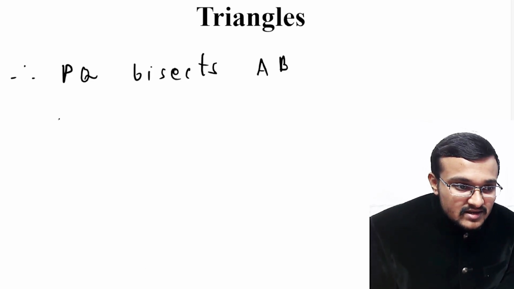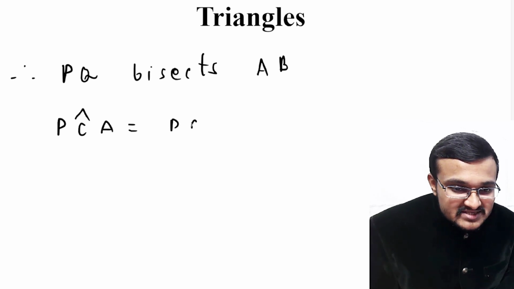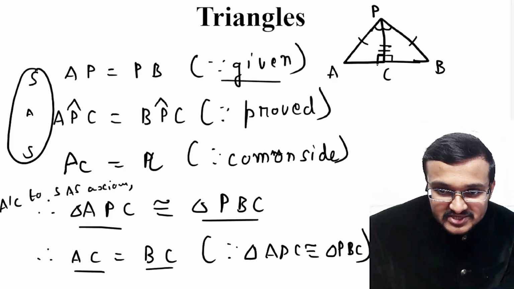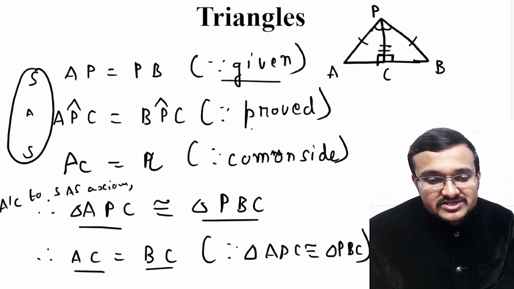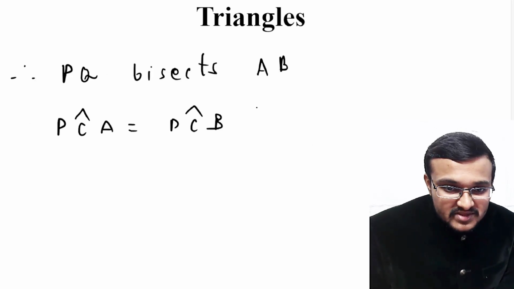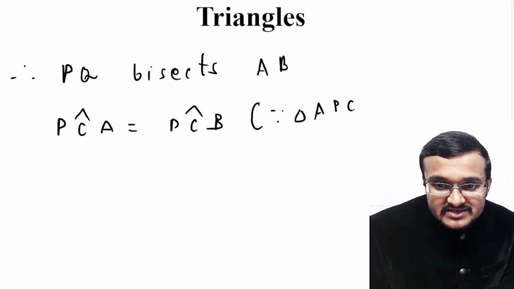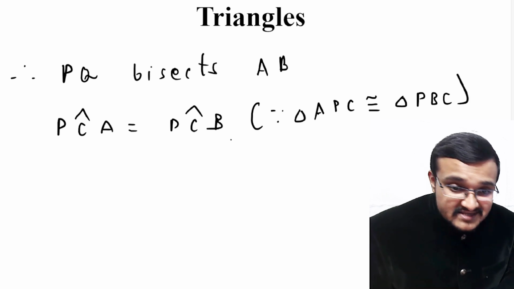So angle PCA is equal to angle PCB. That means these two angles PCA and PCB are equal to each other, because triangle APC is congruent with triangle PBC.